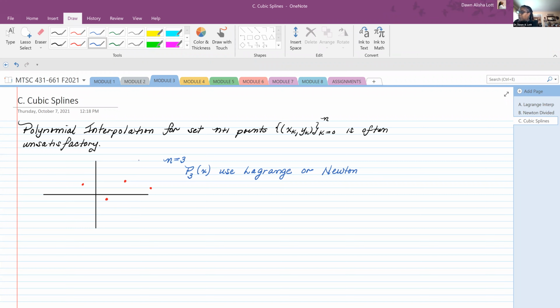So for example, it could go up like this and then come down like this. No, it won't. I'm trying to think how we'll do it. This is cubic. Yep, that's wrong. It would have to do something like this.